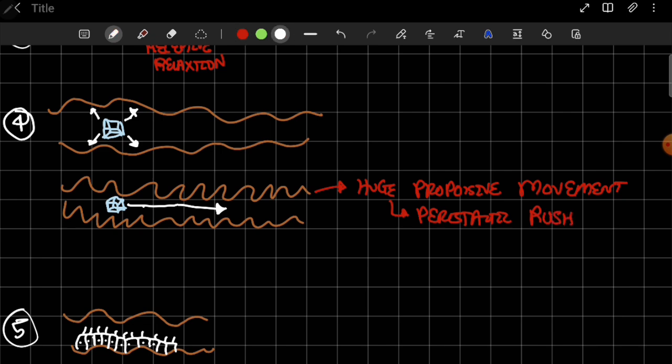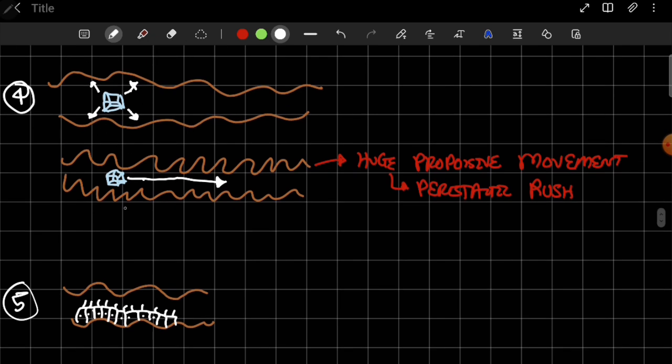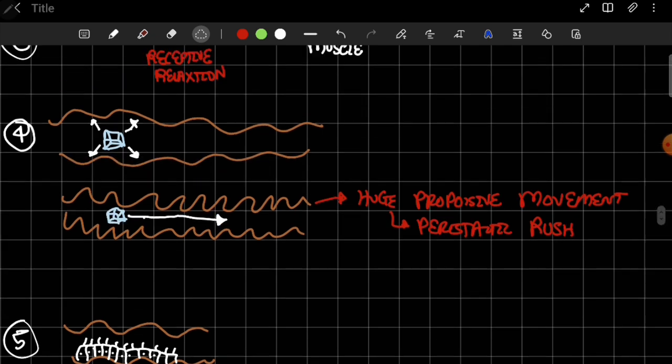Okay, so the irritation which has occurred here will be sensed by the myenteric plexus, and it will initiate very large contractions or large segmentation movement. The inner mucosal fold will fold maximally, and a huge propulsive movement will be caused to the large intestine, and this is known as peristaltic rush.